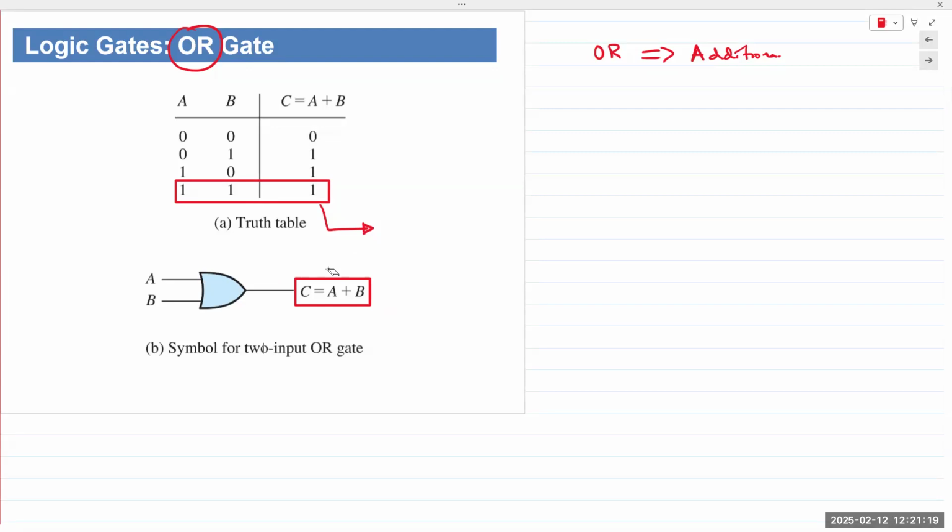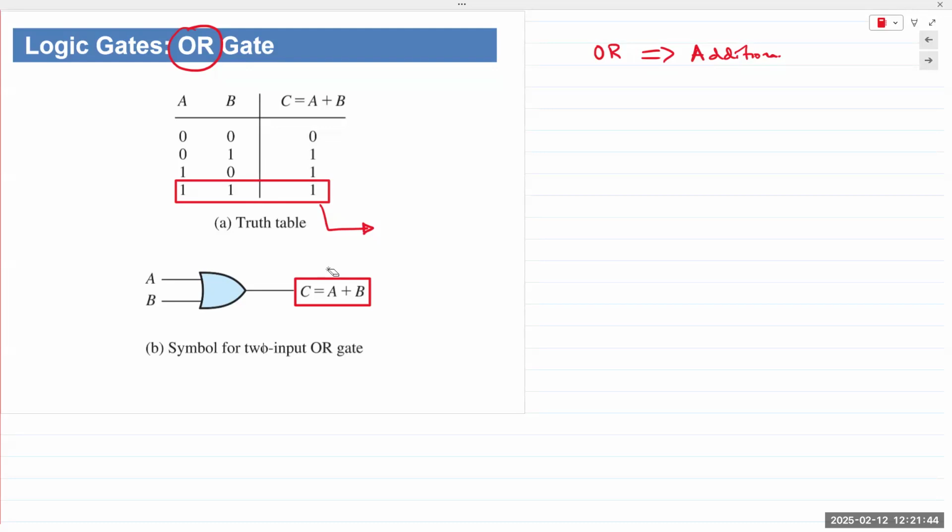Now, the NOT gate is a single input, while the AND and the OR gate are two inputs. We can have multi-input gates, meaning if you have multiple transistors in your circuit, you can have an AND function for 3 inputs, 4 inputs, 5 inputs. Doesn't matter how you design it, but the function remains the same.